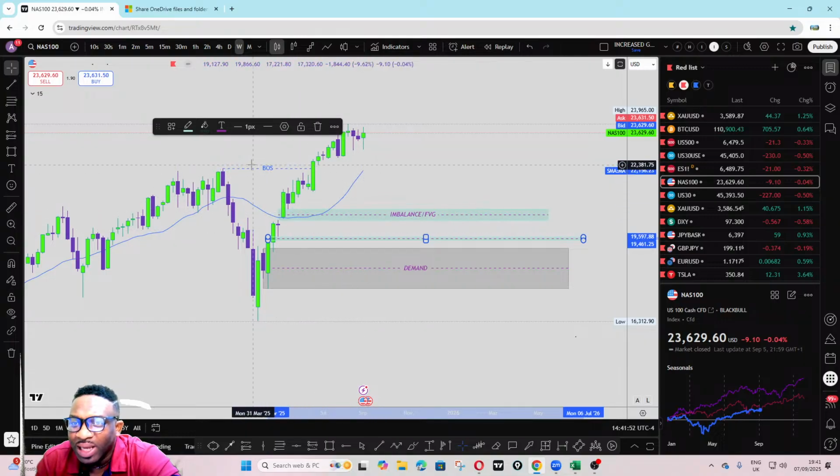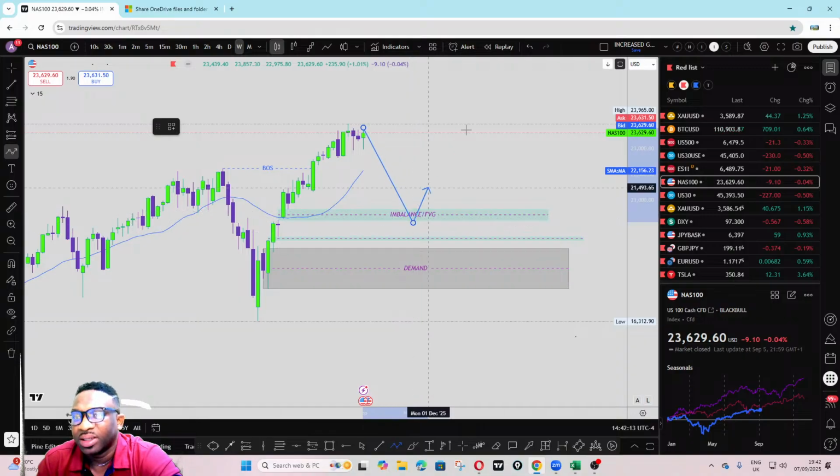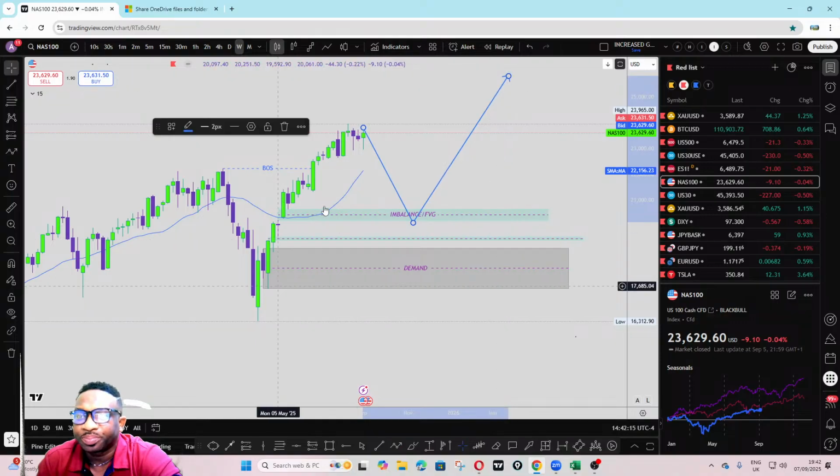We could expect price to push back to this zone from here to clear out. Possibly, if it wants to continue the uptrend, it might not come all the way down here. It could just come up to somewhere here, fill this imbalance, and then push up.